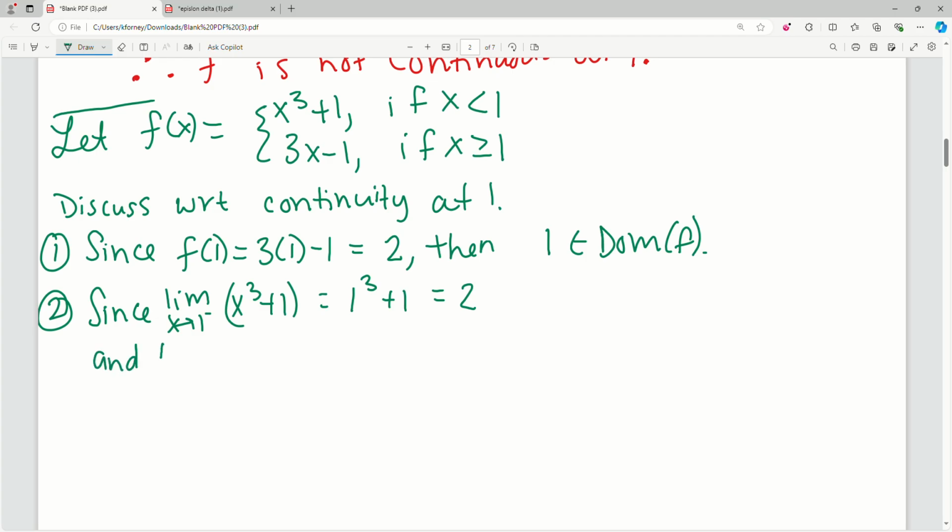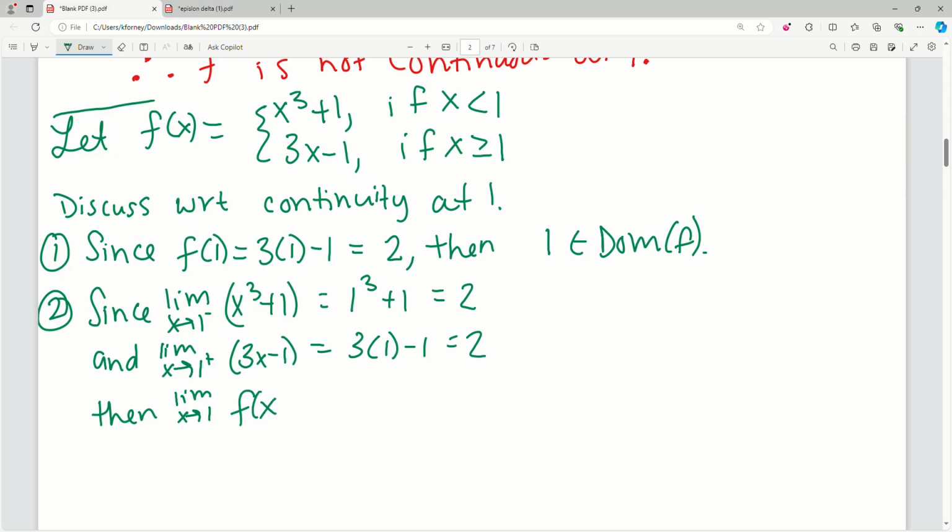And the limit from the right is going to come from 3x minus 1, which is 2. Then they're the same, so we can say that the limit as x approaches 1 of f of x also equals 2.